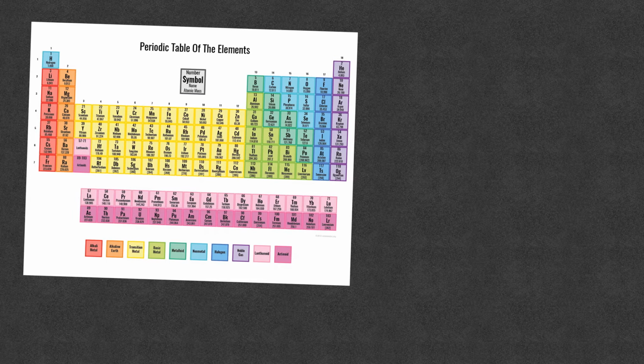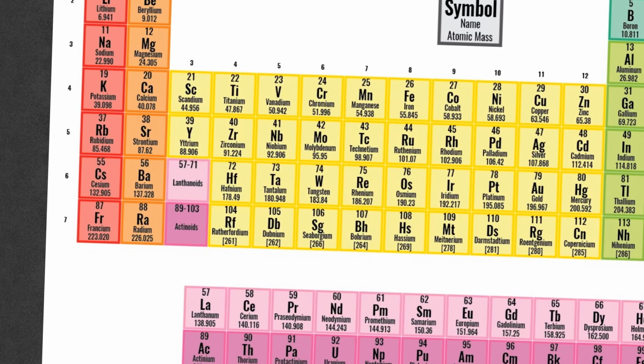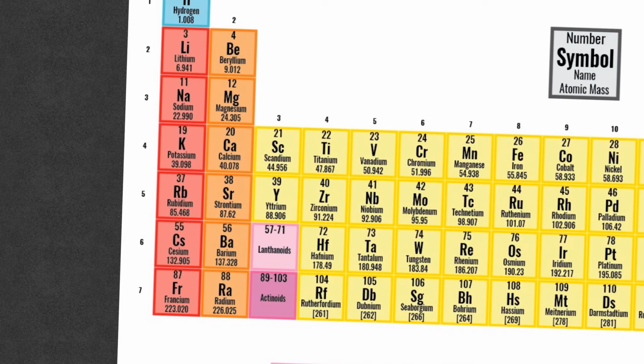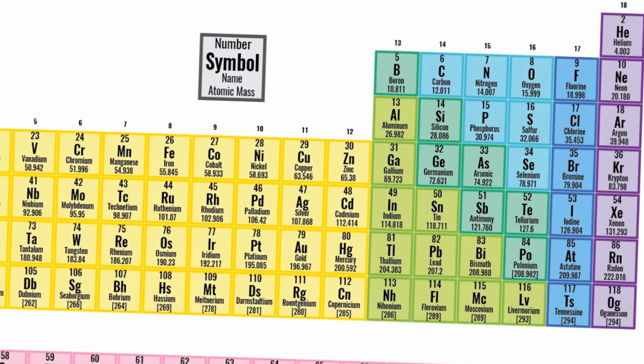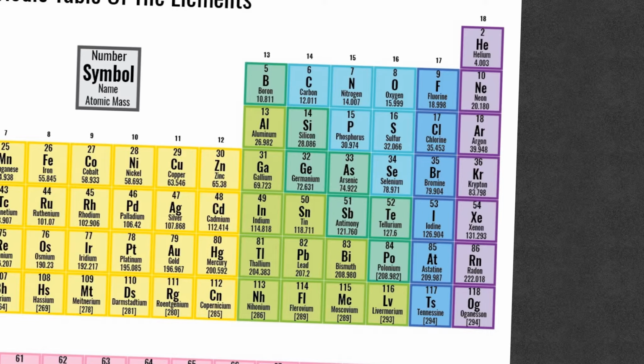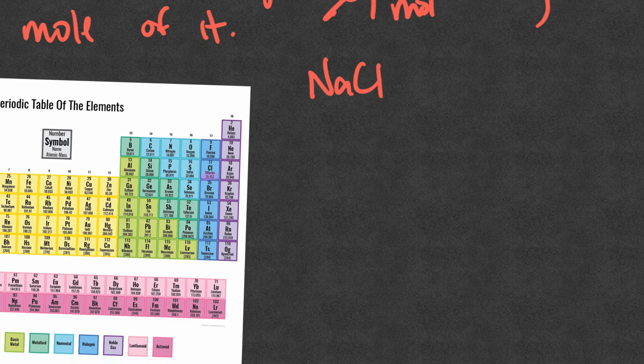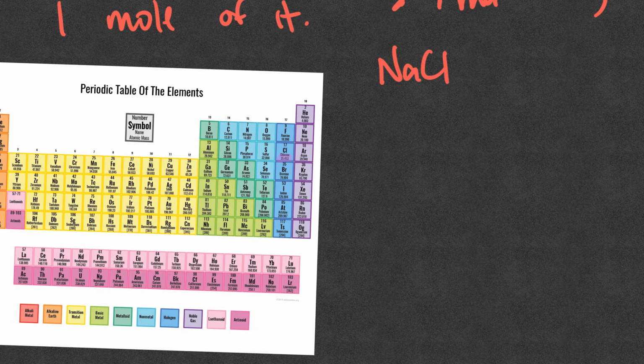Let's say we want to know the molar mass of NaCl. You look at the periodic table, and here we find Na, and we note that Na's molar mass is 22.990. You look for chlorine and note that chlorine's molar mass is 35.453. So you're basically going to add them up.